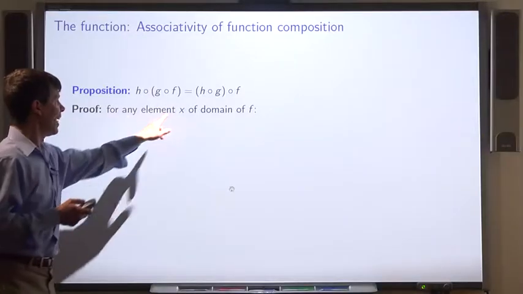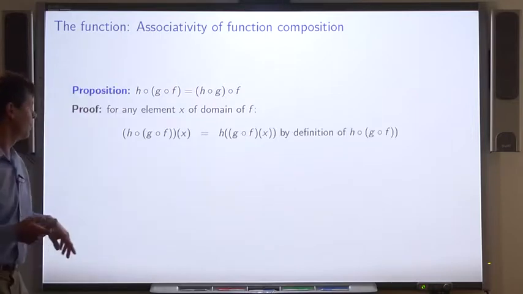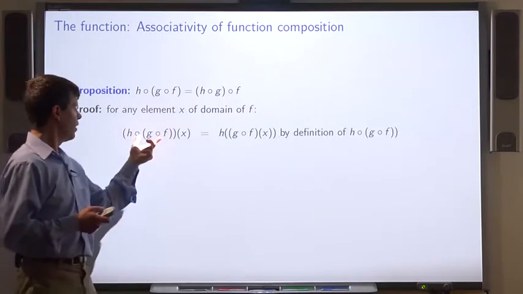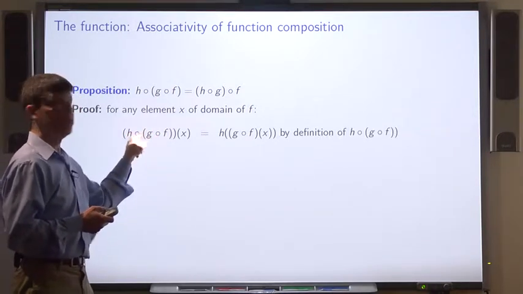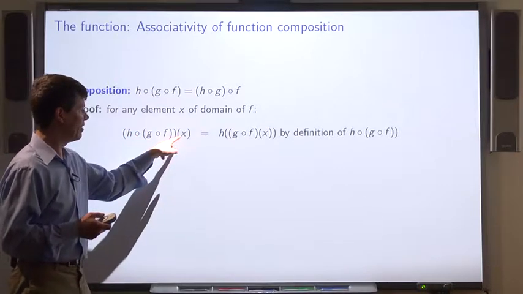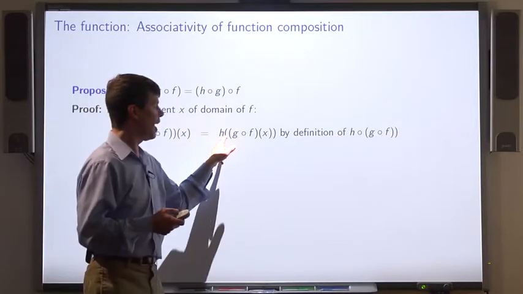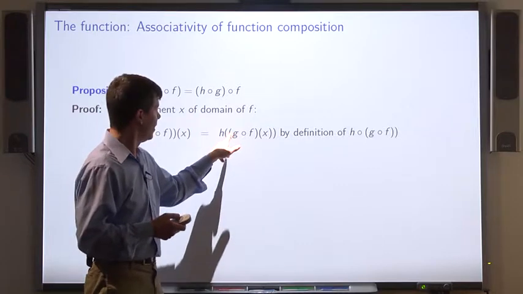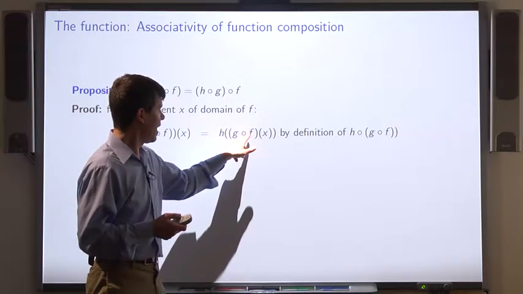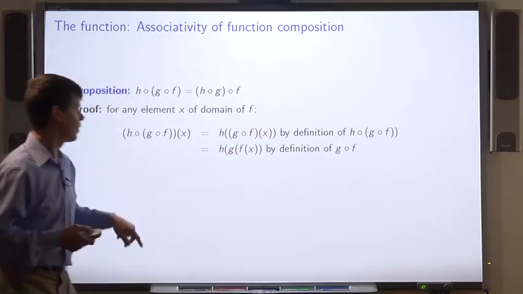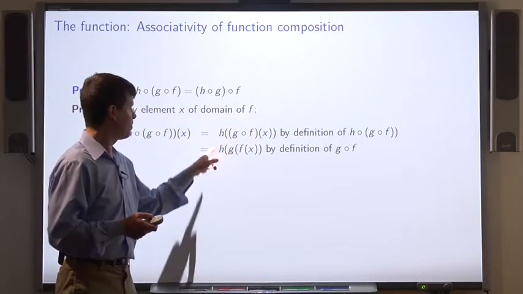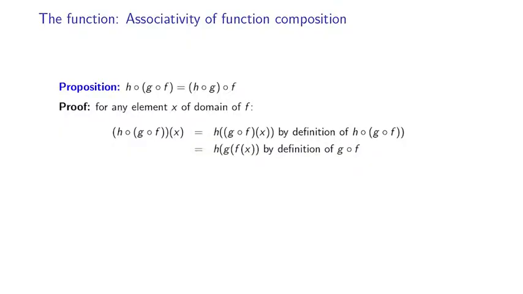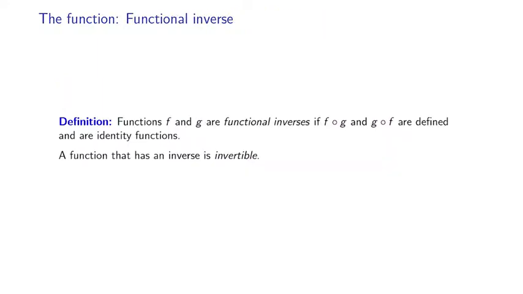Simple proof, for any element x of the domain of f, if we take h composed with the composition of g and f and apply it to x, that's the same as h applied to the result of applying the composition of g and f to x. And that's the same as applying h to the result of applying g to the result of applying f to x. And then we can unfold that to get the other form.